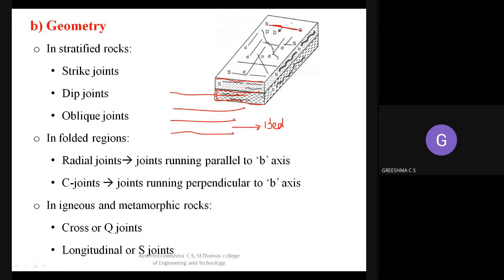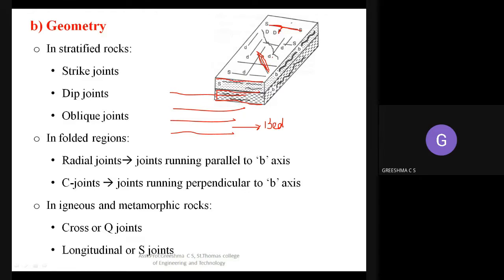Dip is an inclination with the horizontal, that is dip joints. Oblique means joints which are inclined at an angle. Oblique means joints which occur at an inclination, or joints which occur at an angle, are called oblique joints. So those are the three types that occur in stratified rocks.